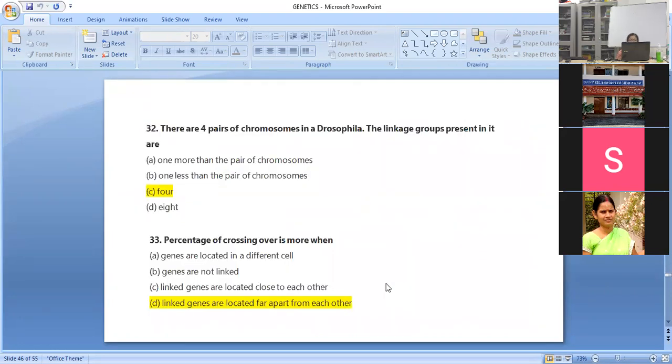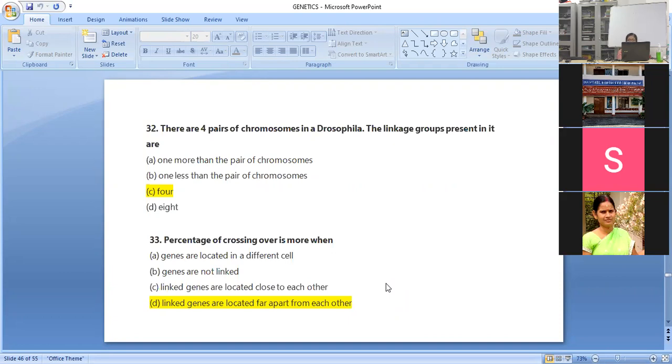Now there are certain questions which I haven't provided with the answers. These are some questions that are self-answering, I can say. Now, a question like this: where there are 4 pairs of chromosomes in Drosophila, the linkage groups present in it are, how do we say, what is a linkage group?